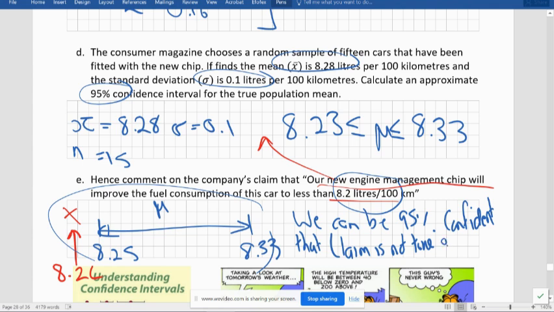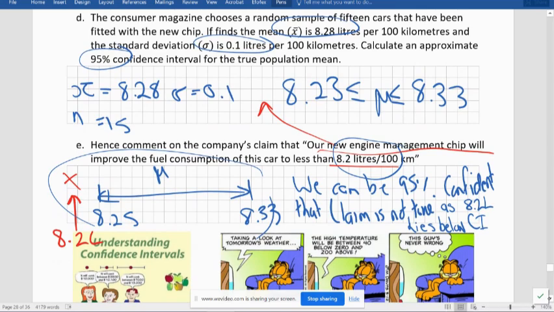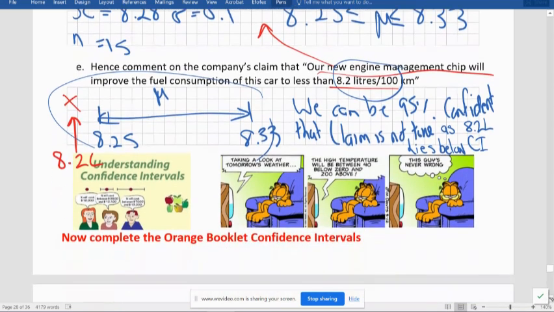So we need to say as 8.2 litres lies below the confidence interval, okay? That's what you need to say. It depends on the types of questions, okay? You've got to be careful. Lots of language here, but that will be exactly all you need to say. No good, because 8.2 is below. It's completely outside where, with 95% confidence, the true mean is.